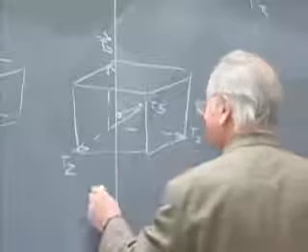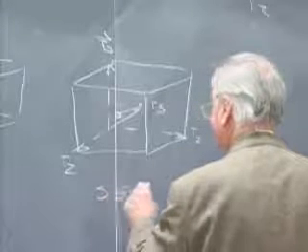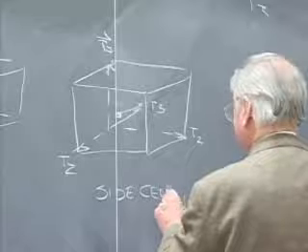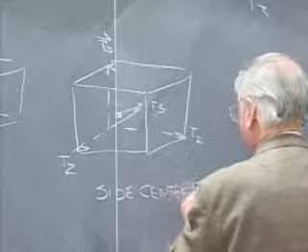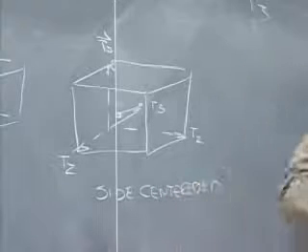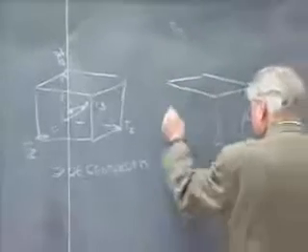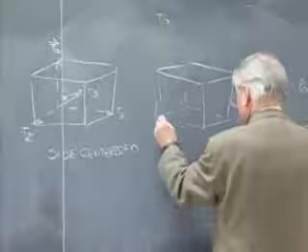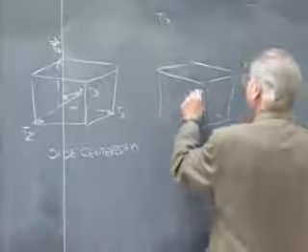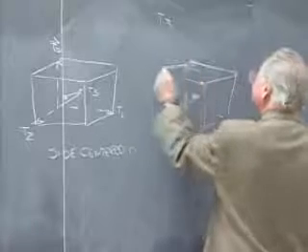This is going to be side-centered. And the final choice, where it is a T3 that's 1/2 of T1 plus 1/2 of T2, can once again be redefined in terms of a body-centered lattice.